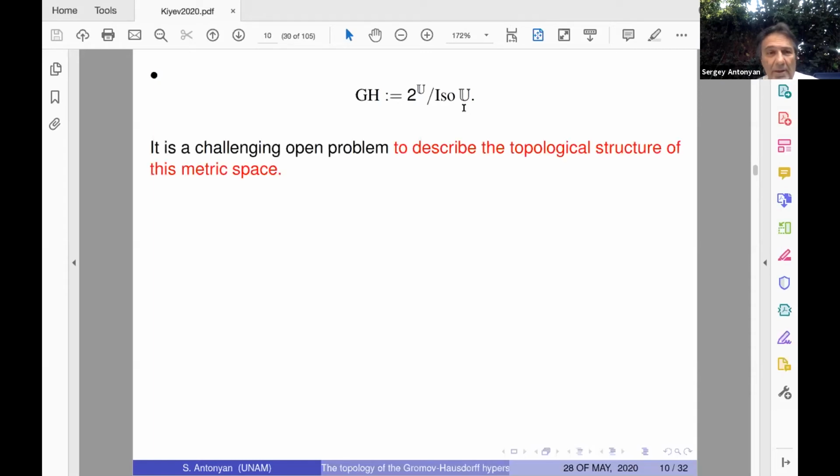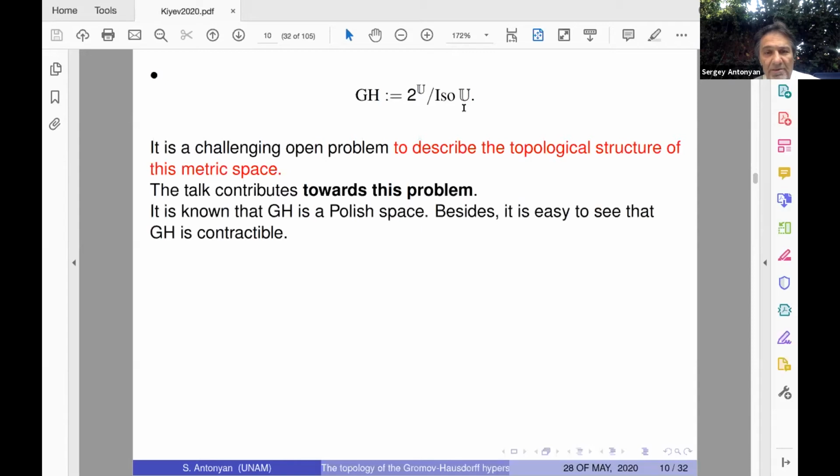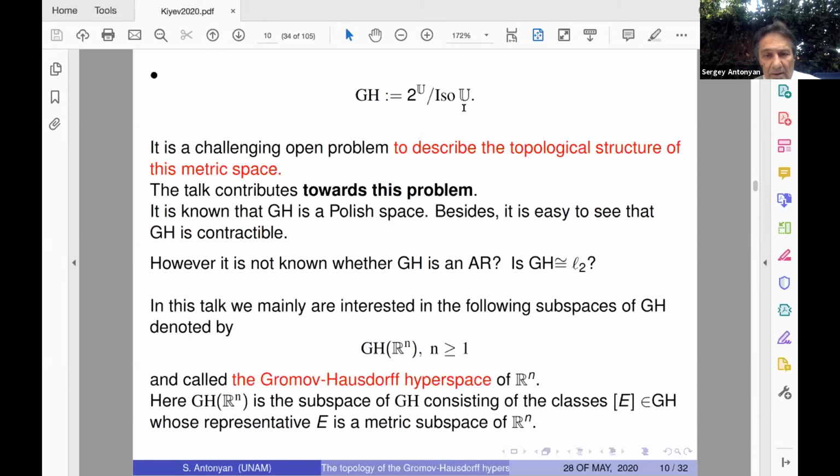Okay, I have to go faster because describing the topological structure of this space is a challenging open problem. This talk is towards this problem. In this talk, I am considering the Gromov-Hausdorff hyperspace of a given Euclidean space.